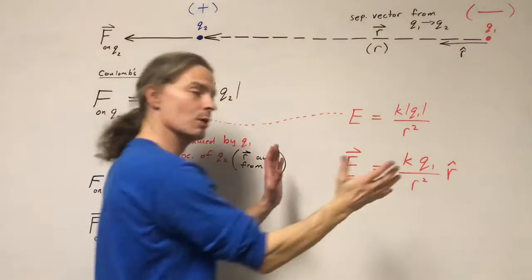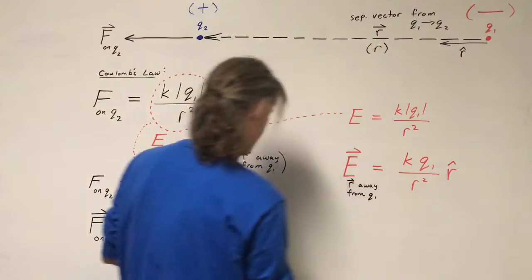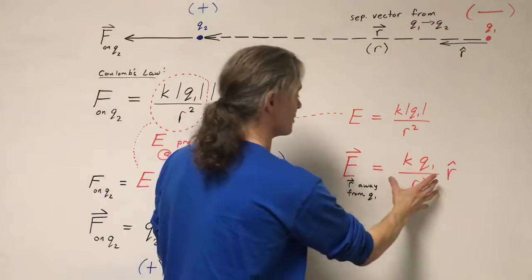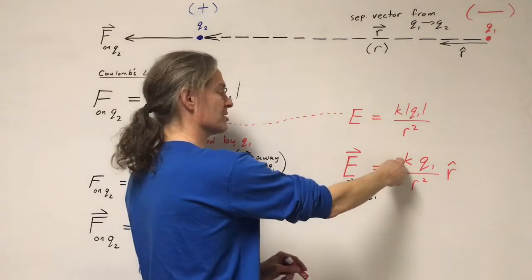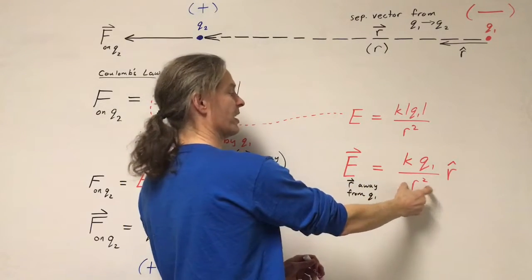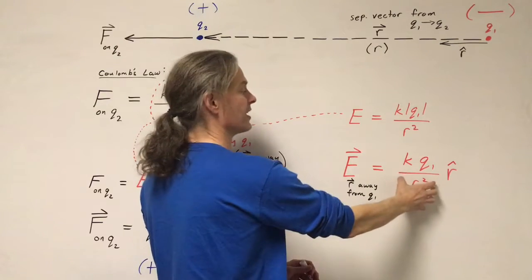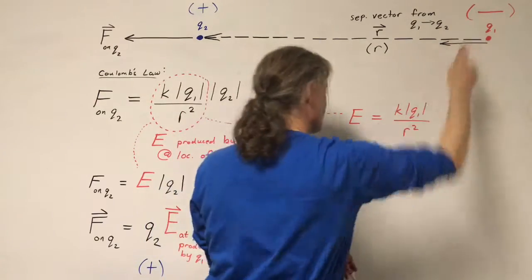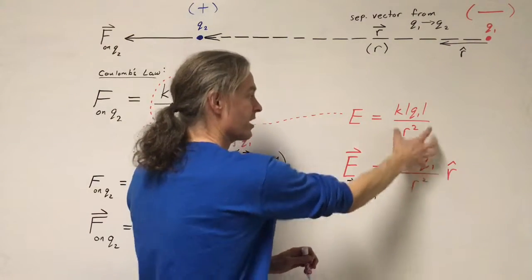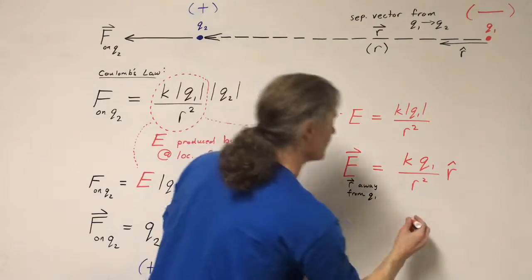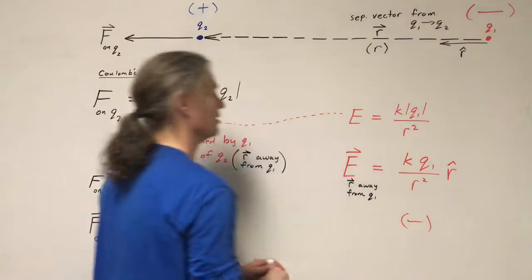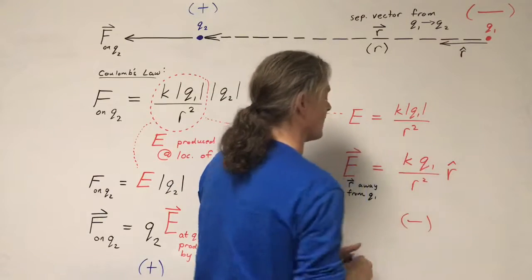To get that, we go over to the expression for that. Now, we go into this expression. K is a positive constant. R squared, well, that's a positive thing that's squared. That's positive. But charge 1 is negative now. So this thing multiplying the unit vector is negative. The unit vector is to the left.